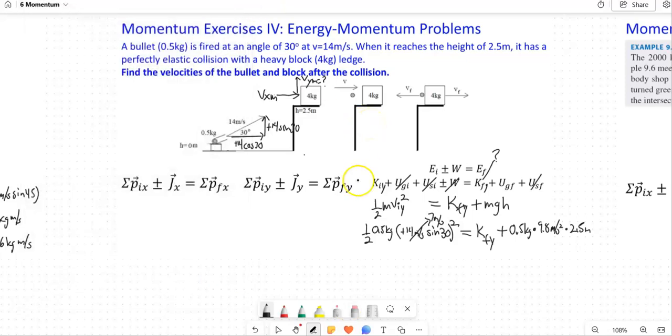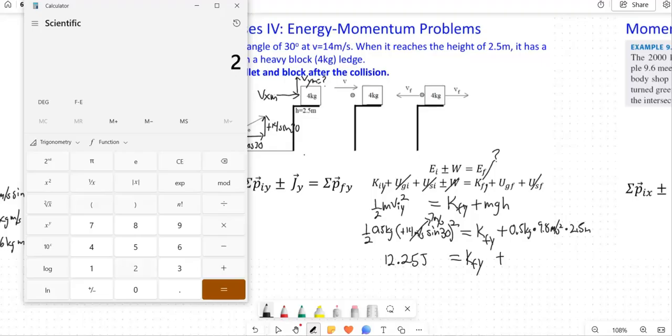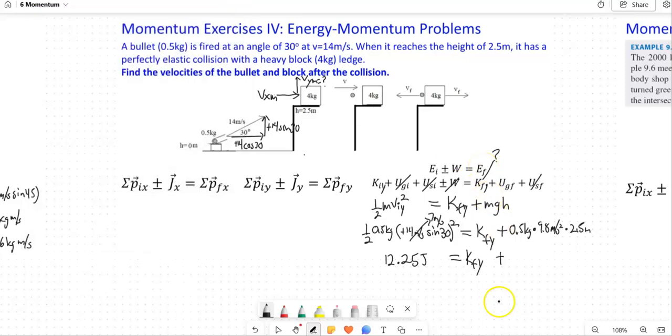So the initial energy is 12.25 joules. Hopefully, because I want the problem to be simple, the potential energy is also 12.25 joules. Let's check: 2.5 times 9.8 times 0.5 is 12.25 joules. Phew!